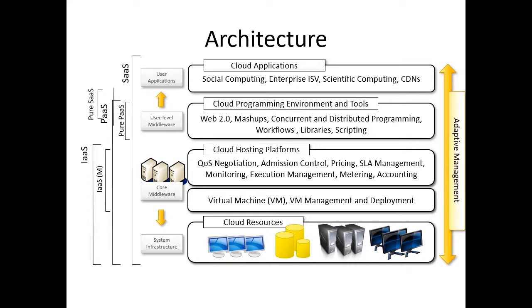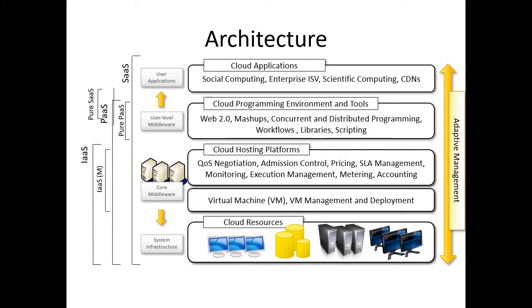So let's try to understand each one of these layers. System infrastructure is nothing but the cloud resources or the hardcore hardware which provides the necessary horsepower or the necessary requirements of the client. This layer is implemented using data centers in which hundreds and thousands of nodes are stacked together.